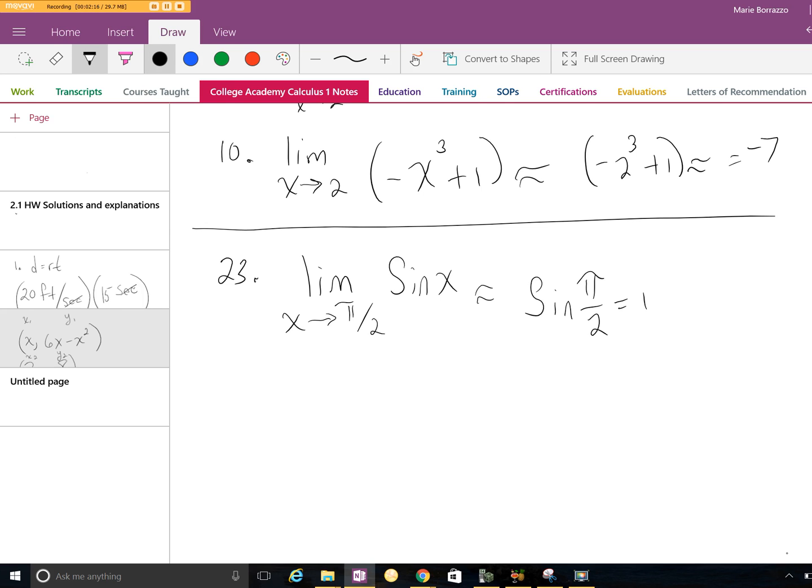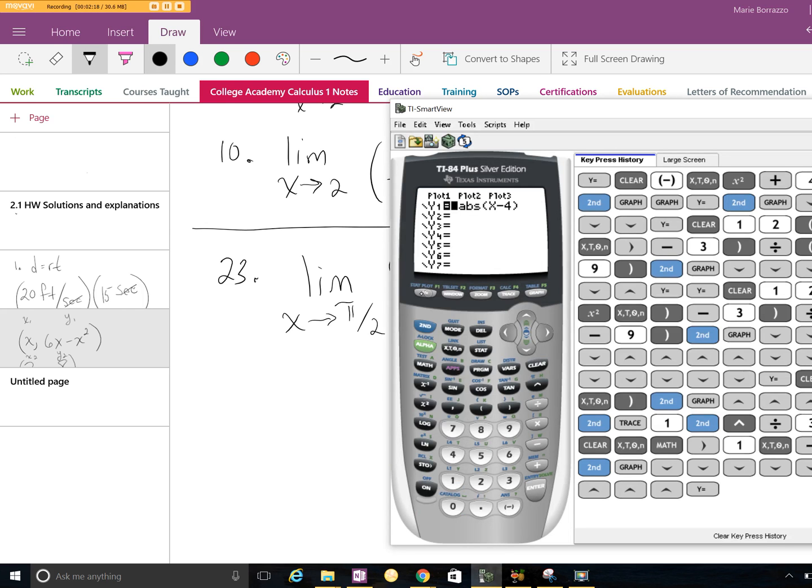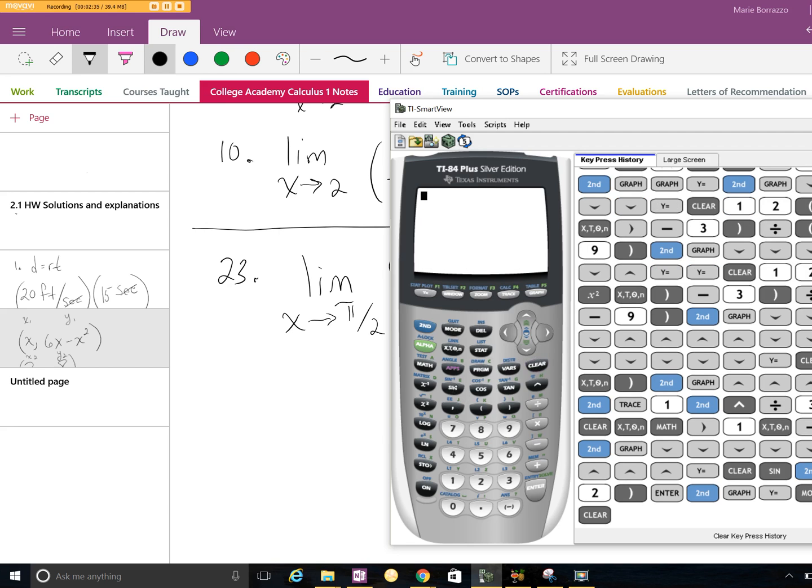Again, let's go to the calculator just to prove it. Okay, so if I take sine and I do second pi divided by 2 and enter. Oops, I don't want to use the graph. My apologies, I'm just going to go to the general calculator.